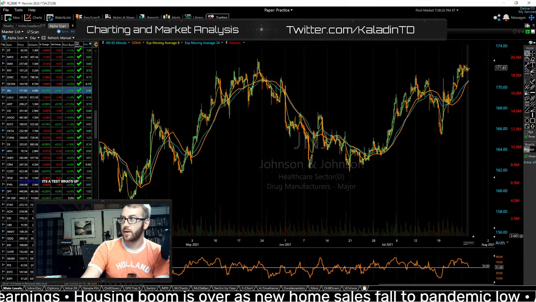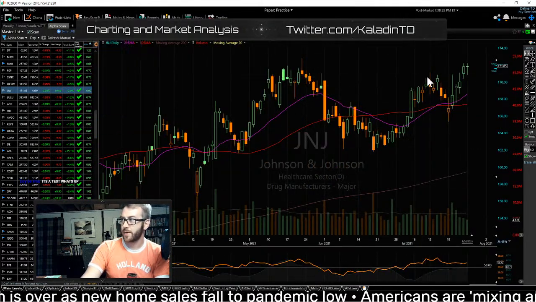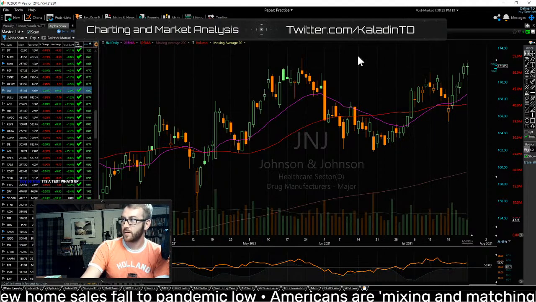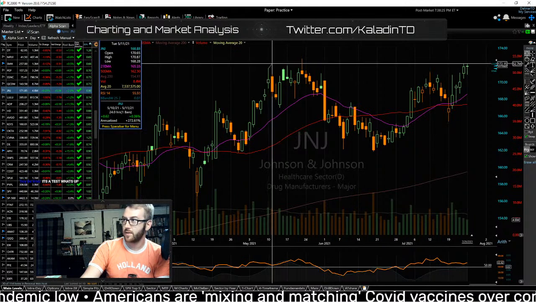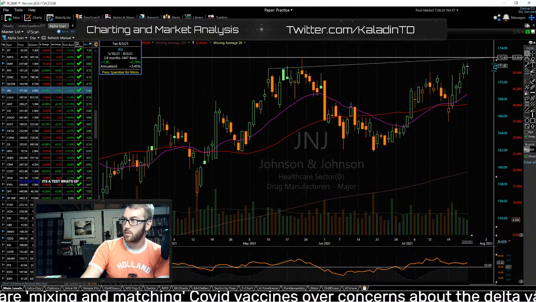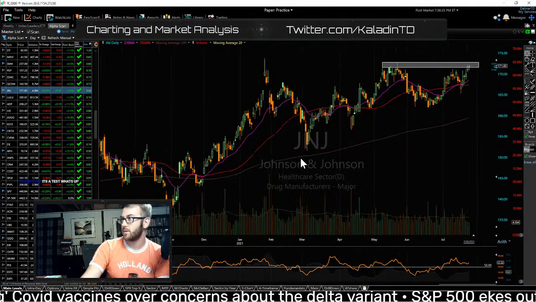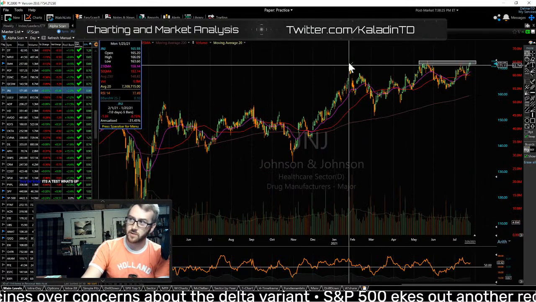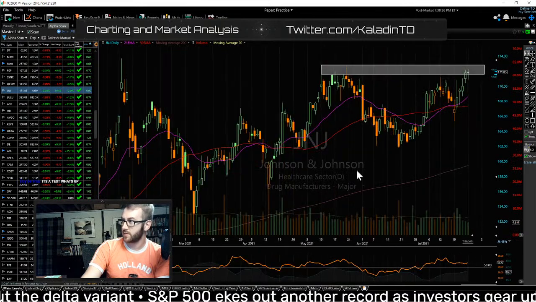J&J, looks like we had a nice cup and handle right here. And it's kind of breaking out of that handle right now. Still have this top of the cup pivot right here to get through, which is resistance over here as well. And this is all-time highs, it looks like.